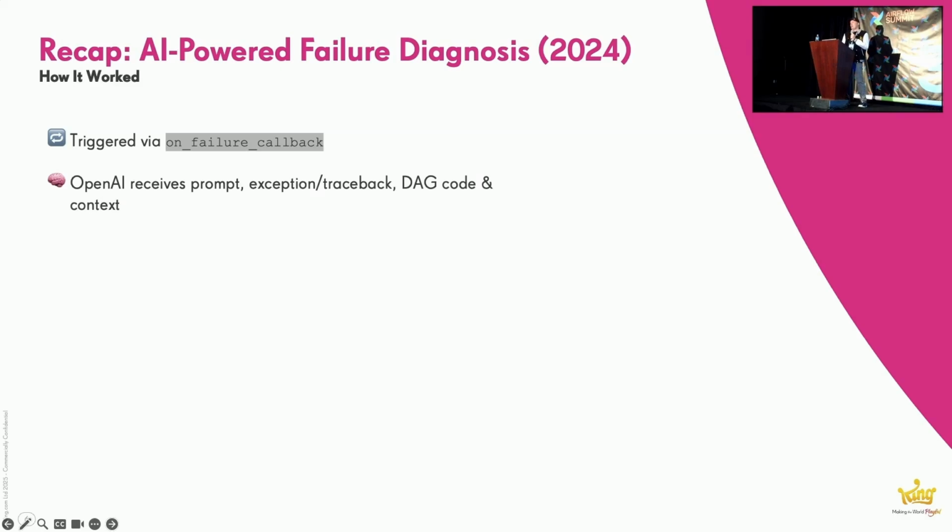We construct a prompt, pull together some context, the exception message, traceback of the error, maybe some DAG code as well, and send that off to the model. What we get back is a structured diagnosis, giving us a description of the issue, some root cause analysis, and hopefully some suggested fixes as well.